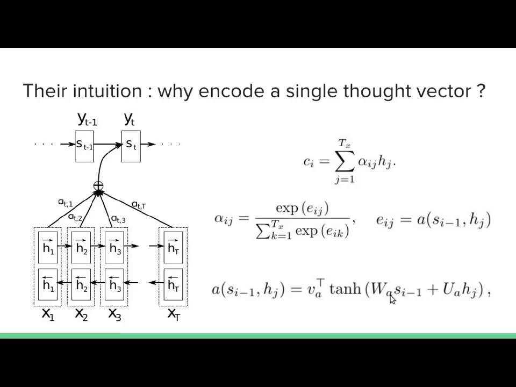They add that together, take a nonlinearity of it, and then apply some weight vector. So they get values which they can multiply with every hidden vector to let information go through, and exactly, they limit their attention to small parts.